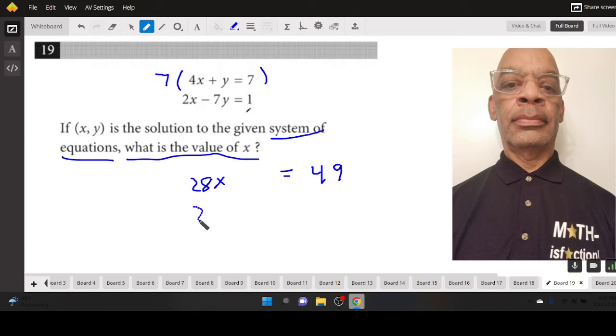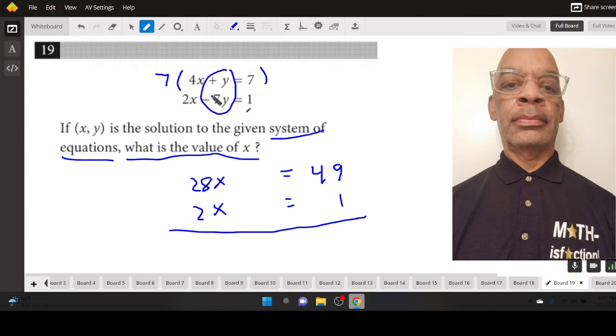49. And underneath we have 2x equals 1. I'm sorry, equals 1. And these were added together.